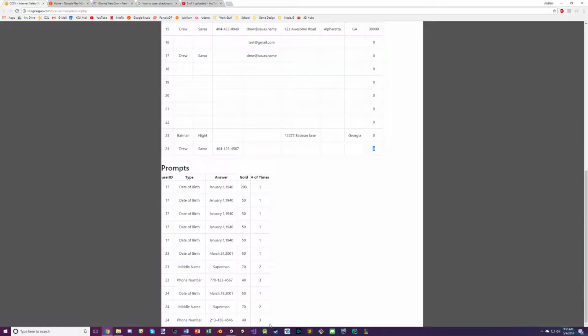And then here we keep track of the prompts that were given to the students. You can see what the type of prompt was, what they put in, and how much gold they're offered. And this number of times is how many times they were offered this prompt.